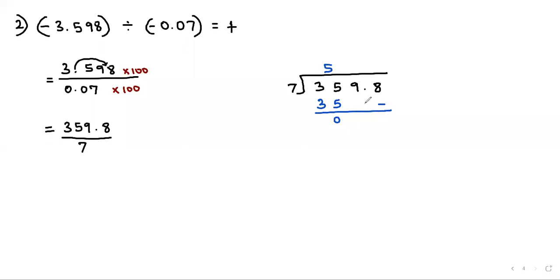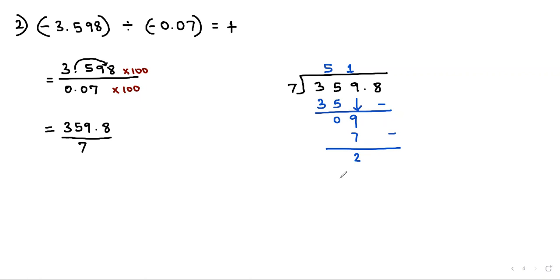Okay. So let us bring 9 down. So 9 divided by 7. What do we get? 1. And what is 1 times 7? 7. Subtract 7 from 9. What do you get? 2.